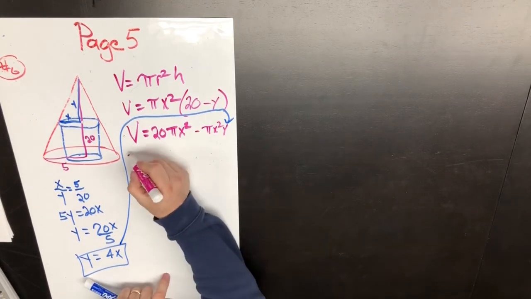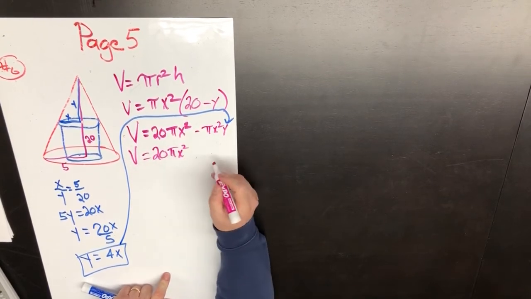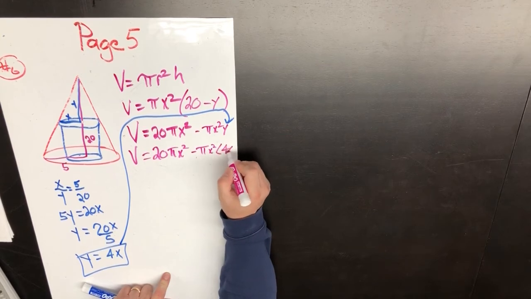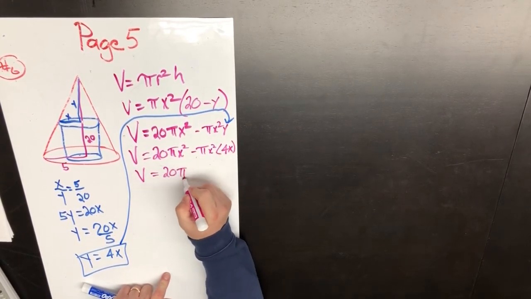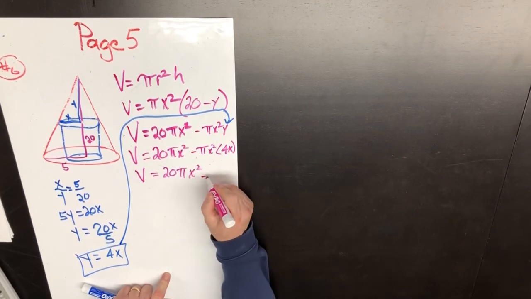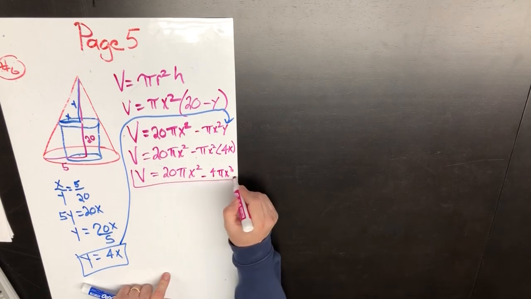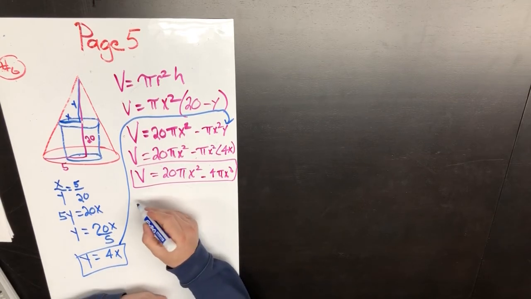So that makes our volume formula equal to 20 pi x squared minus pi x squared times 4x. So volume equals 20 pi x squared minus 4 pi x cubed. So there's our formula. From there, that process is quite a bit easier. The hard work has been done.